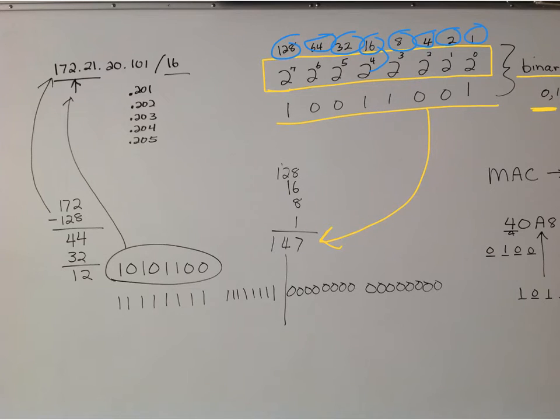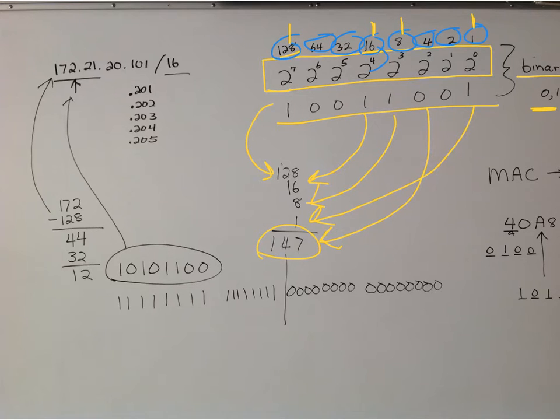We have one group of 128, one group of 16, see where I got it up there, and one group of 8, and here's the other one, one group of 1. Add them together and get 147, if I added that right.